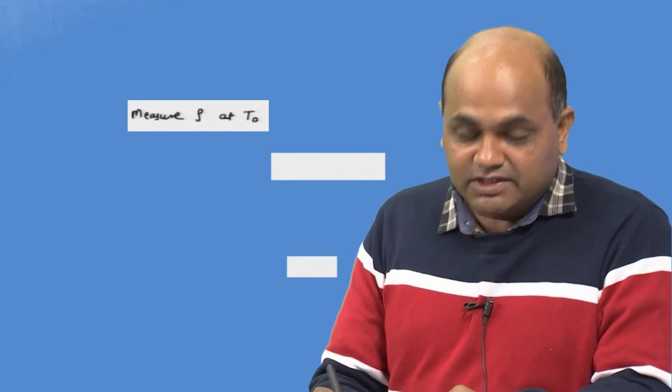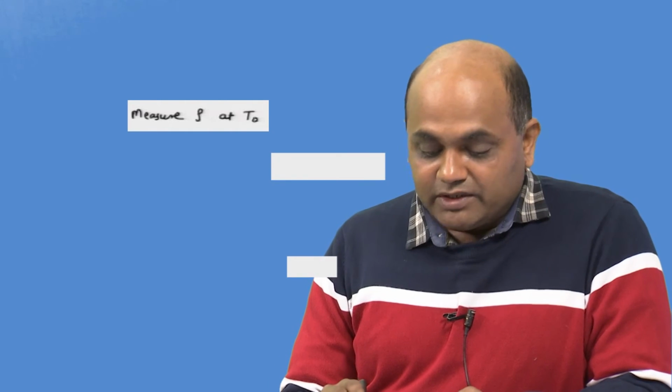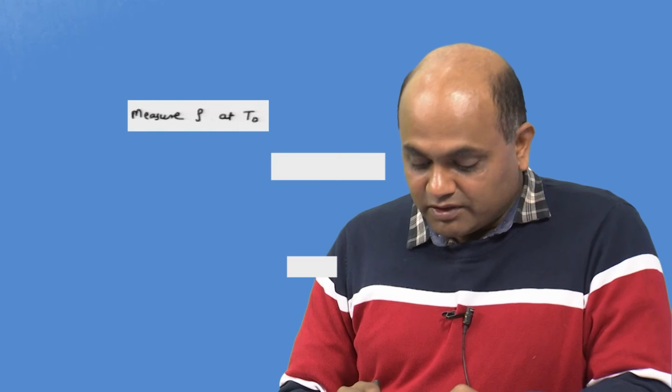Okay. And the fourth step here is to measure rho again at T0. But the difference between step 1 and step 4 is that in step 1 this was the resistivity of a well annealed sample, and in step 4 the resistivity is of the quenched sample.